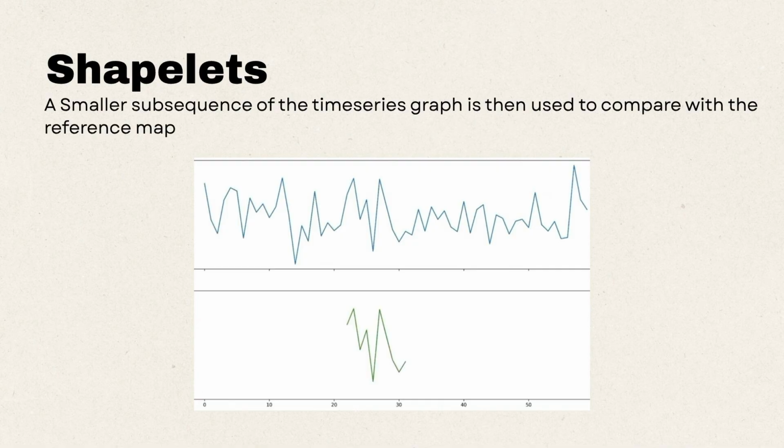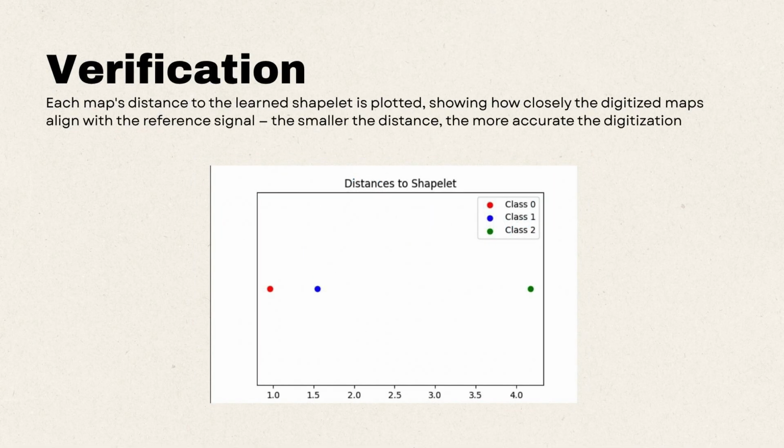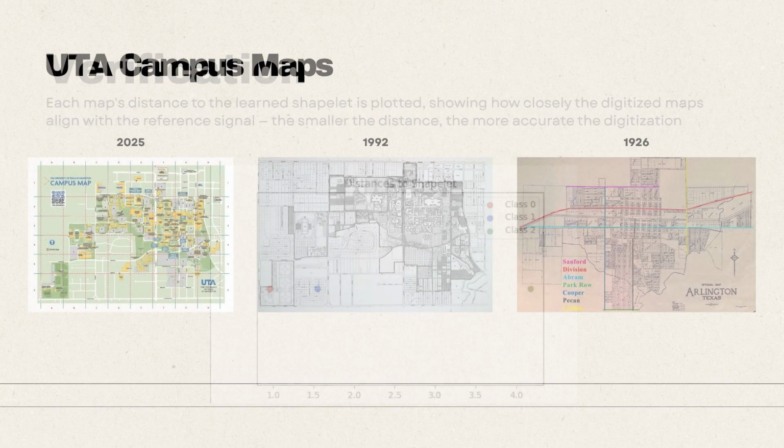From that signal, we extract a small distinctive subsequence, the shapelet, which serves as our comparison fingerprint. Finally, for verification, each map's distance to the learned shapelet is plotted. The smaller the distance, the more closely the digitized map aligns with the reference, and the more accurate the digitization.